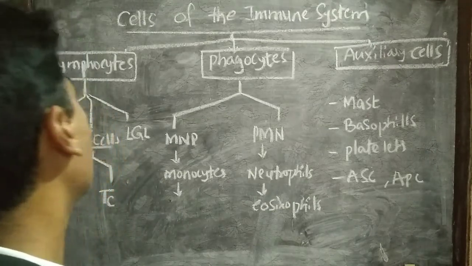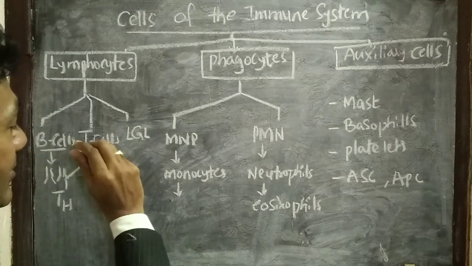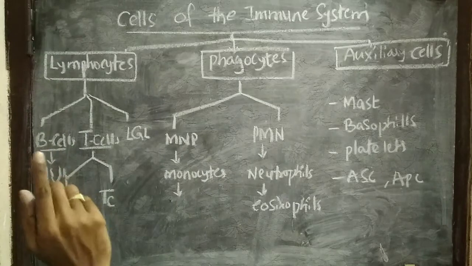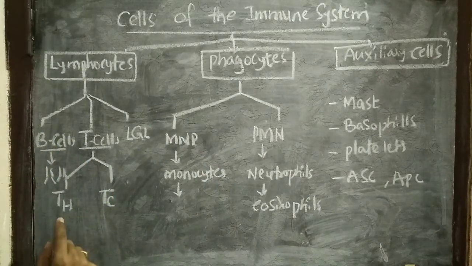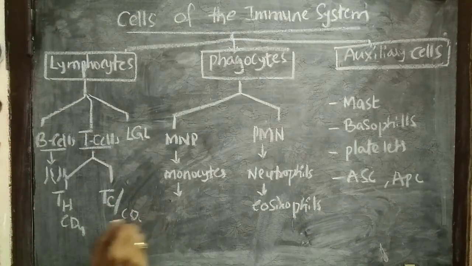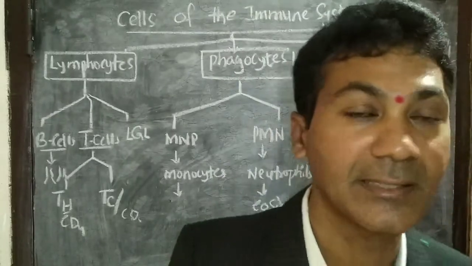T cells are produced from the thymus gland, so the letter T comes from the thymus gland. They are divided into two types: TH cells, which we also call CD4 cells, and TC cells, which are called CD8. TH cells are T helper cells, H stands for helper.